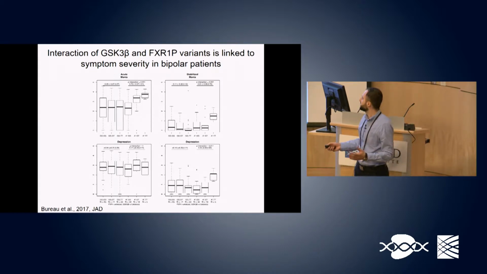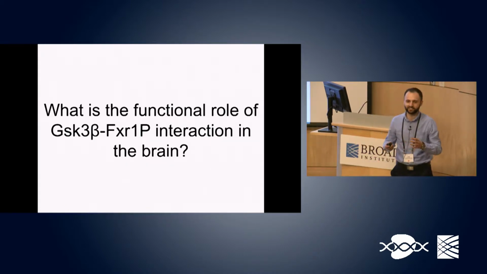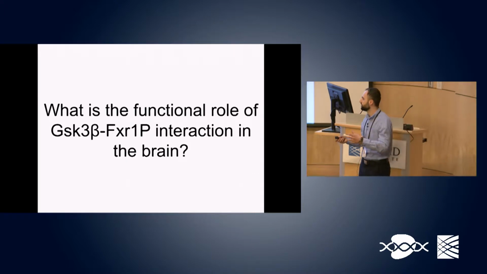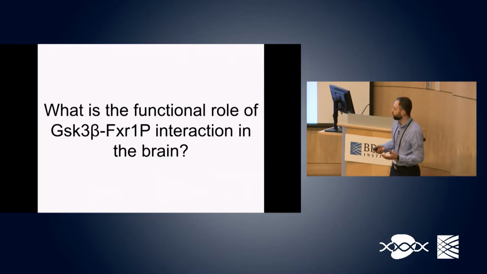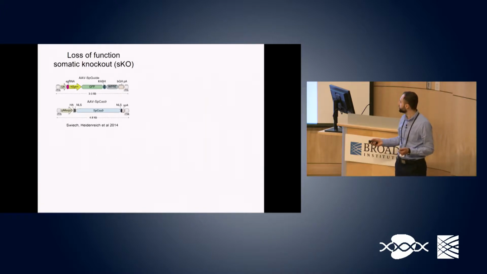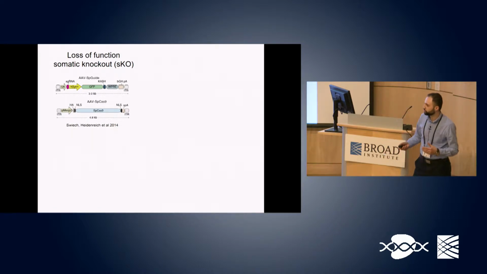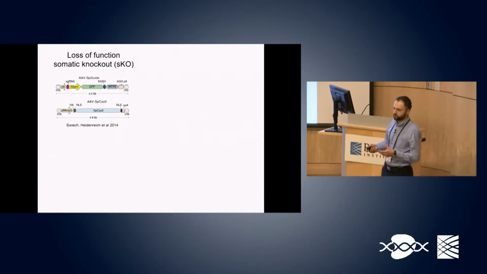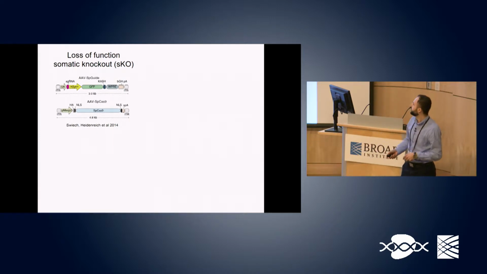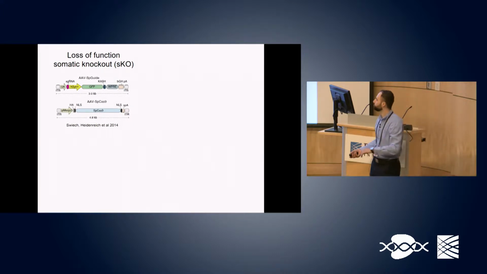This is all exciting and great, but we still don't understand how this interaction works functionally in the brain, what it does. And here, to understand it, we turn to mouse models, and this is where the CRISPR technique is very powerful and handy. So we wanted to induce knockouts of the genes, somatic knockouts in vivo inside the adult mouse brain. And we used a dual AAV delivery system that was introduced before.